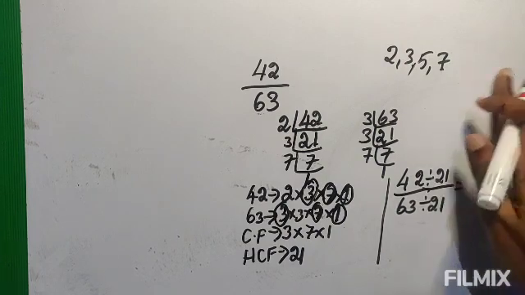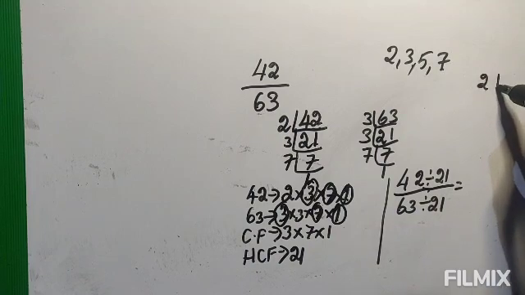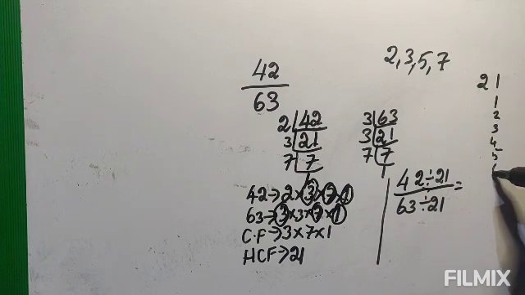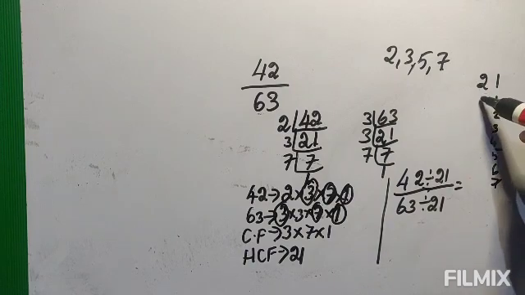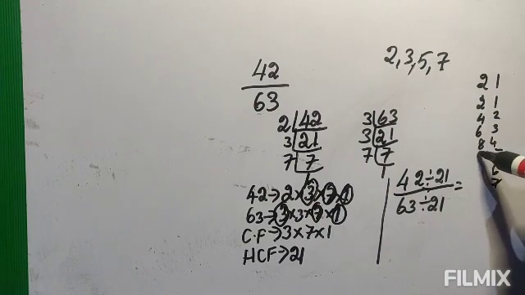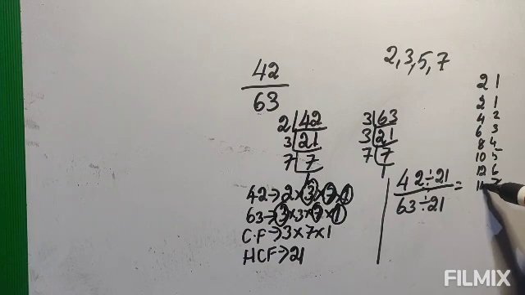This is how to write the 21 table, which I have told you. For a double digit like 21, here is the one table: 1, 2, 3, 4, 5, 6, 7. We don't need many numbers, so I am stopping here. Now the 2 table is 2, 4, 6, 8, 10, 12, 14.